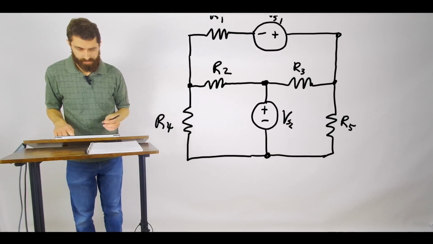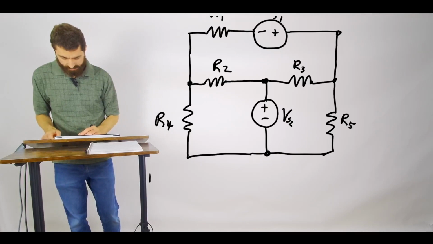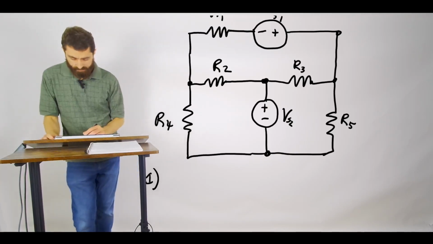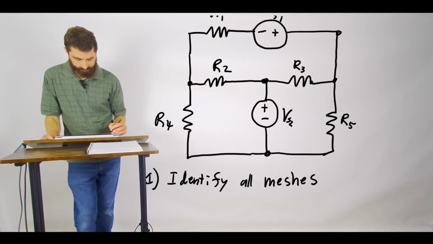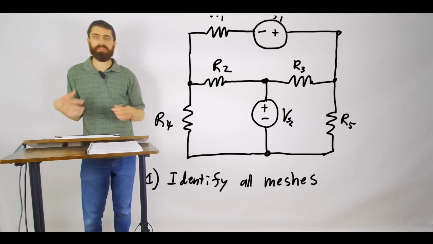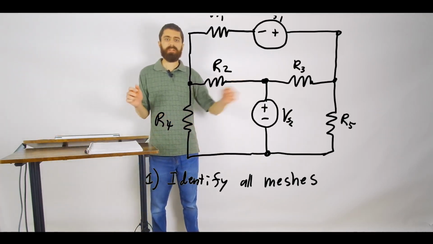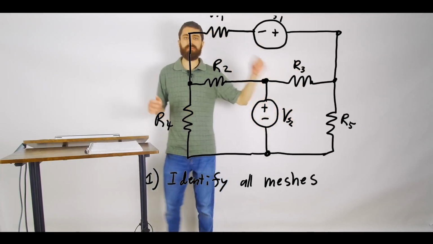So step one of mesh analysis is to identify all meshes. So basically all the windows. So this is a mesh, this is a mesh, and this is a mesh.